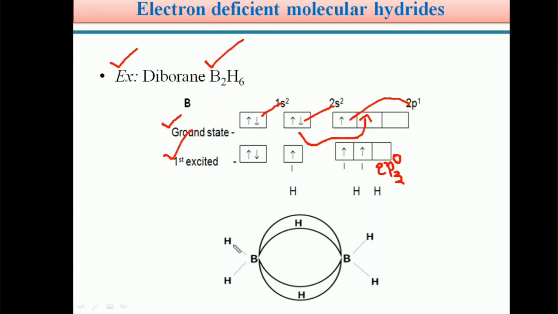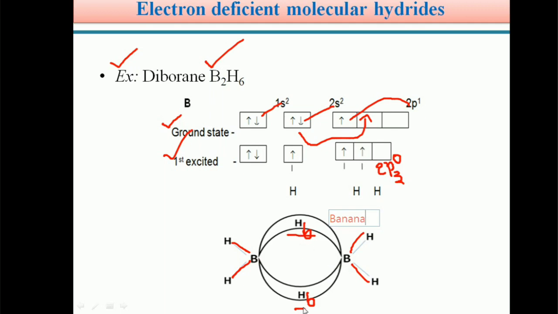If you see the structure of diborane, there are four terminal hydrogens and two bridged hydrogens in the molecule. These bridged bonds look like a banana, which is why they are also called banana bonds. The bridged bond between boron, hydrogen and boron is also called a 2 electron 3 centered bond.